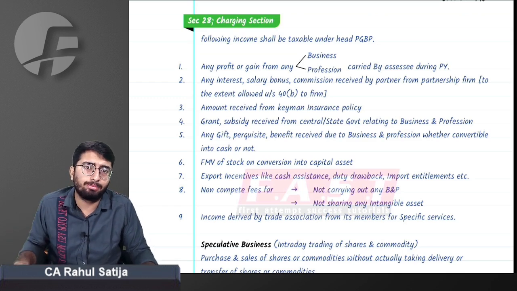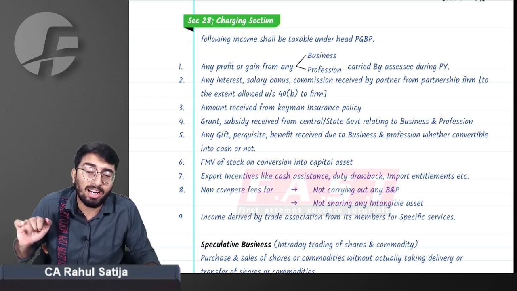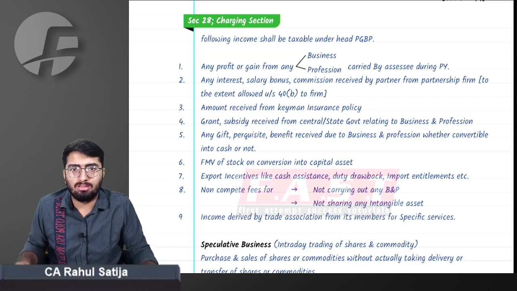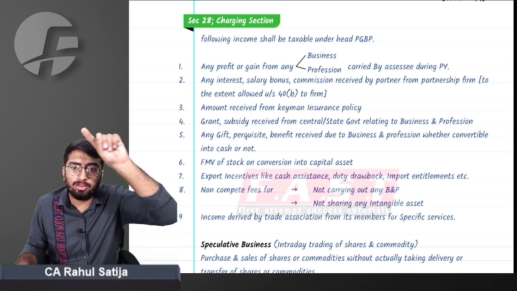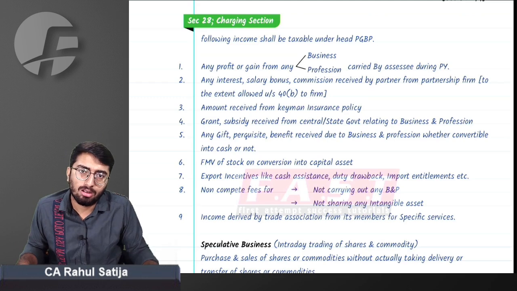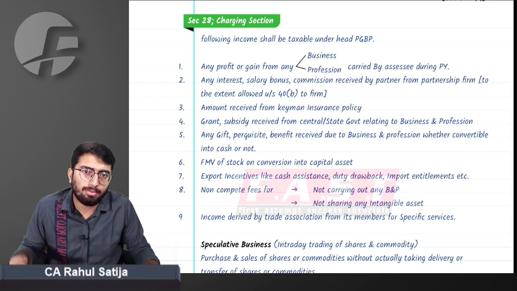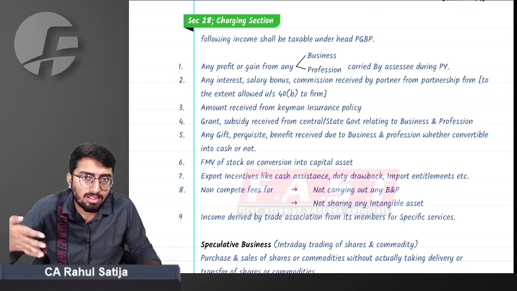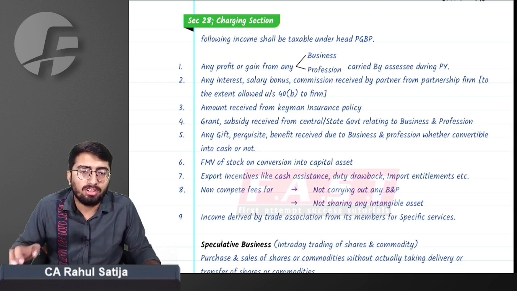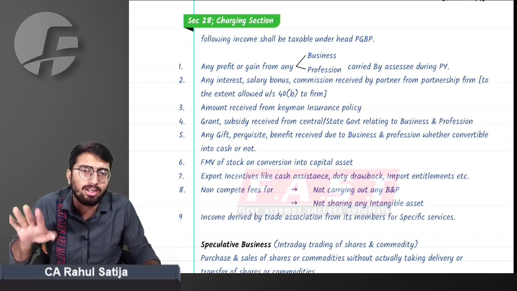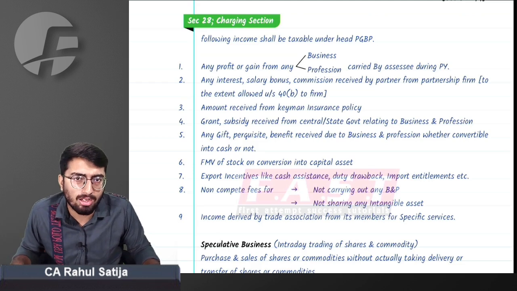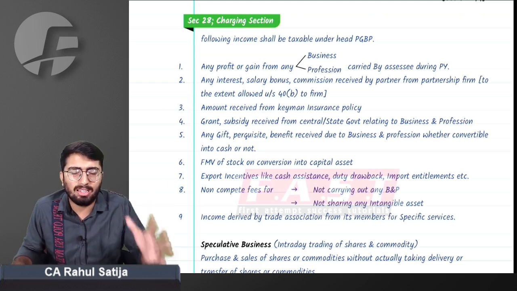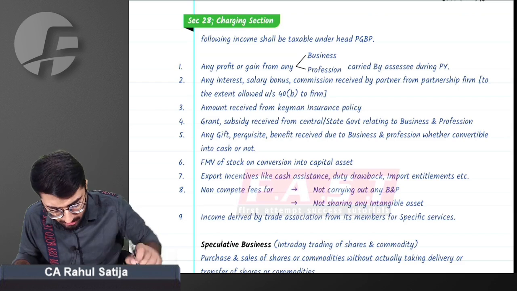What if Mukesh Ambani died? Who will bear the losses? Reliance will. For that matter, every company insures some of its key managerial personnel with Keyman insurance policy. Any money received on account of Keyman insurance policy, since it has been done by the business, will be taxable under the business head.